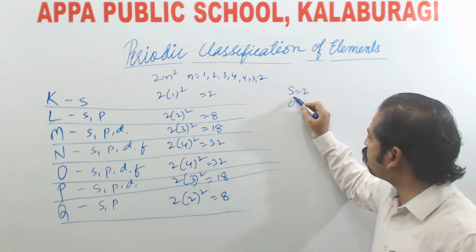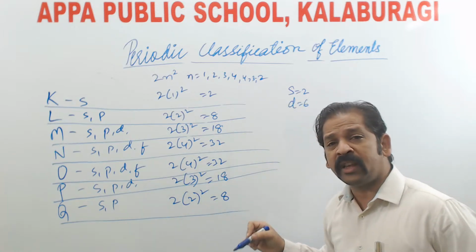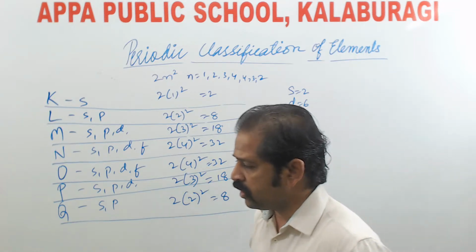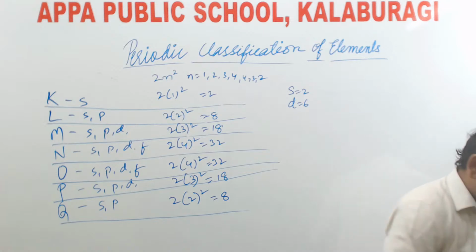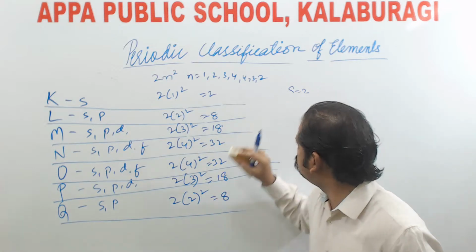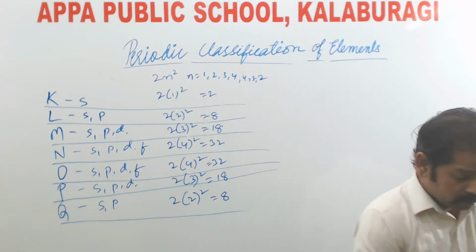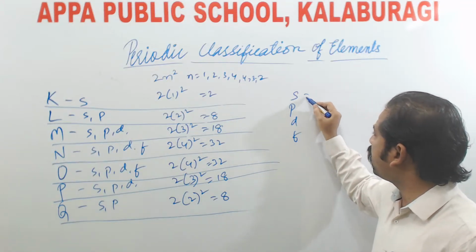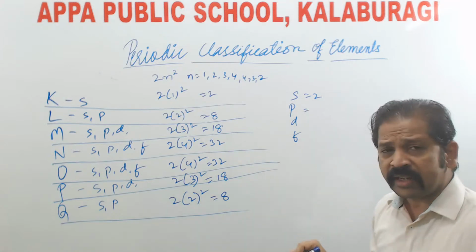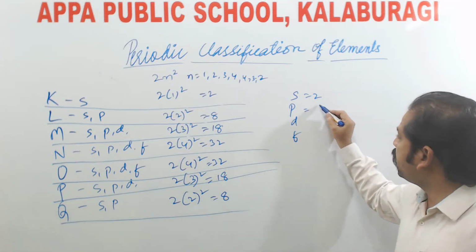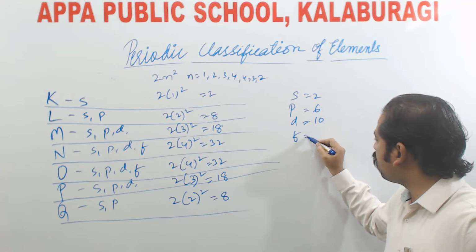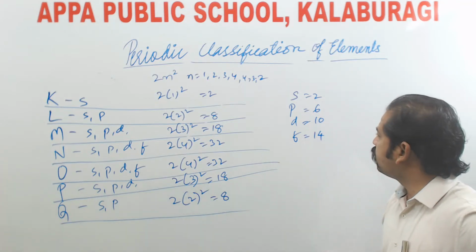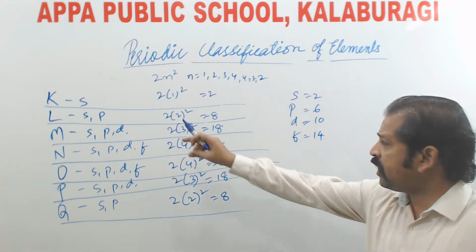There are 4 blocks, s, p, d, f. s is 2, now the plus 4 system starts. p is 6, d is 10, f is 14.